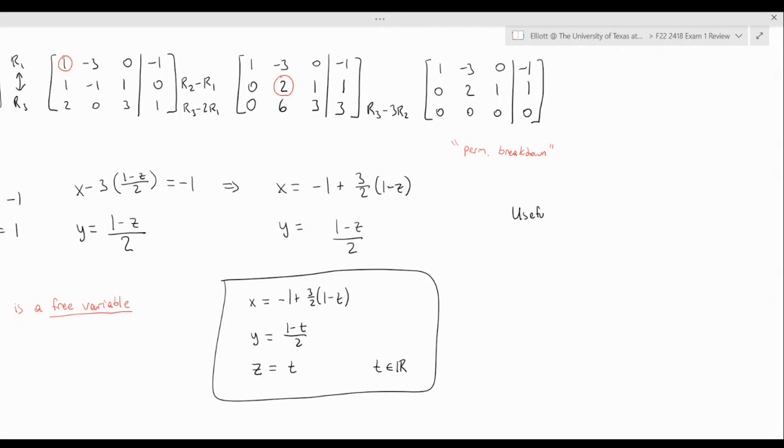Again, you don't have to do it this way, but sometimes it's useful to follow this particular convention, which is a convention on which variable you should choose to be your free variable, okay? This convention is that the free variables should correspond to the columns without a pivot.